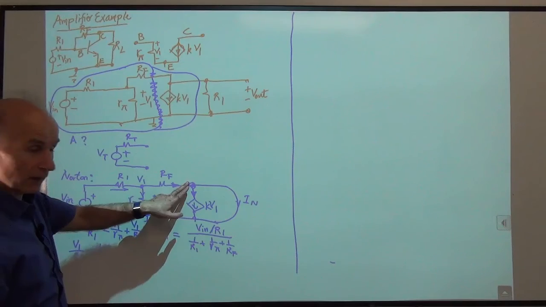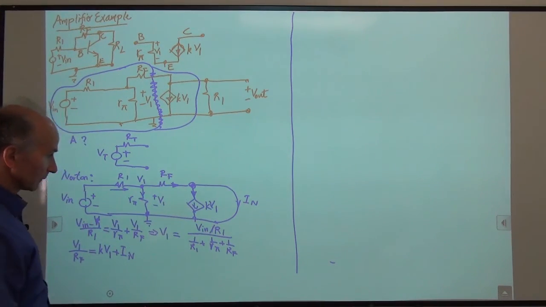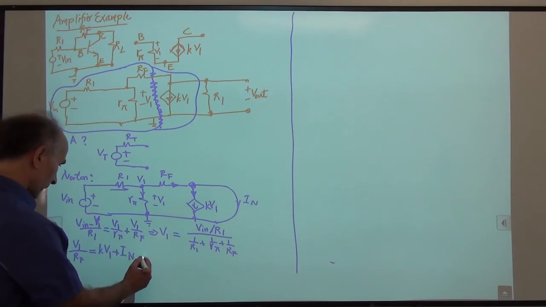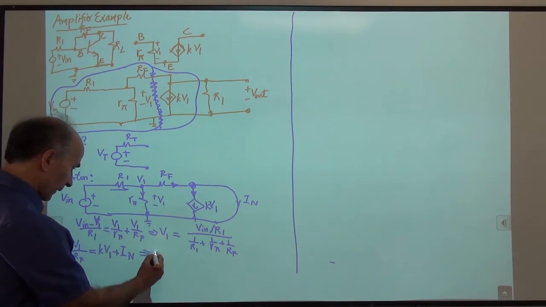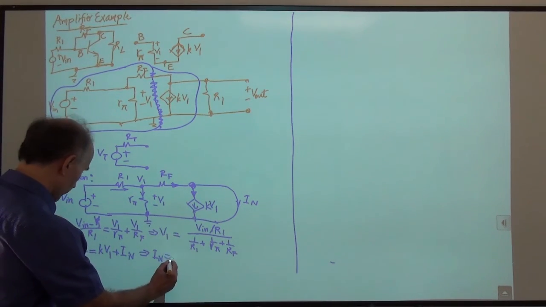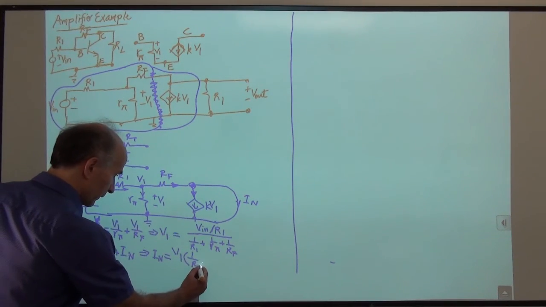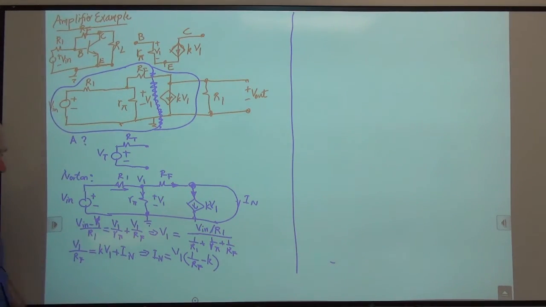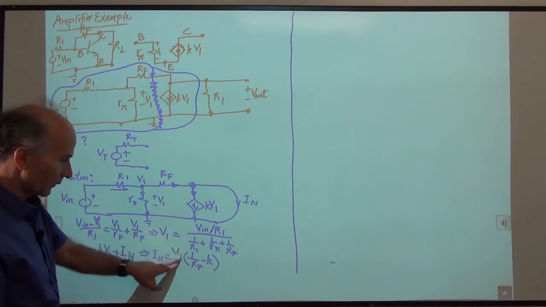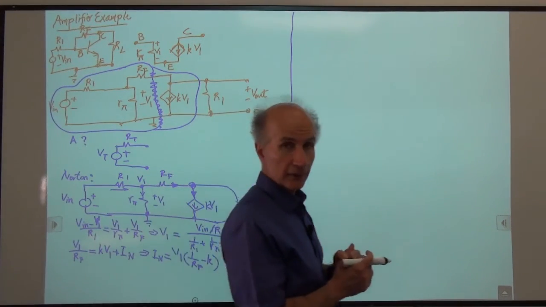I'm writing KCL here. This current coming in is equal to these two currents going out. Okay, and then I want IN, so IN is just V1 times 1 over RF minus K. And V1 is this big expression here. I won't bother to put it here. So I have found the Norton equivalent.